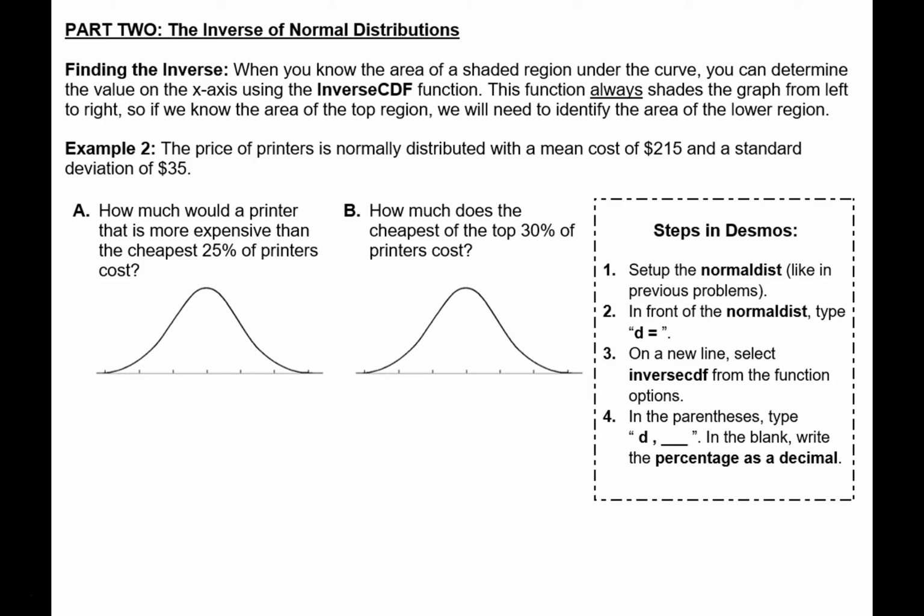Let's look at the situation. The price of printers is normally distributed with a mean cost of $2.15. So I'm going to go ahead and put $2.15 as my mean on both of these. And a standard deviation of 35. So let's go ahead and label our standard deviations. We've got 250, 285, 320.